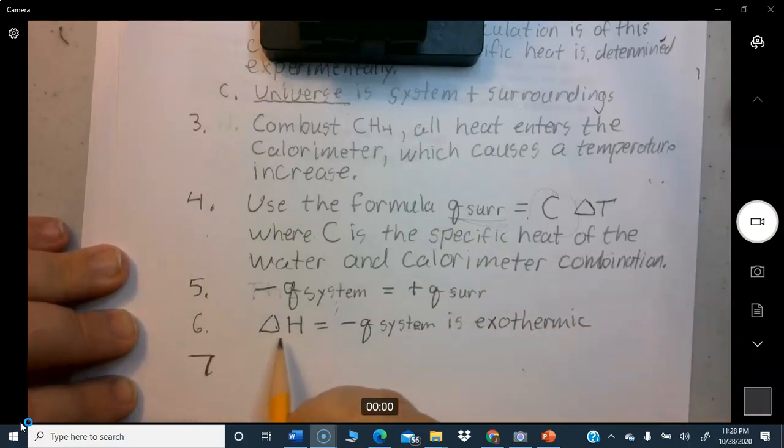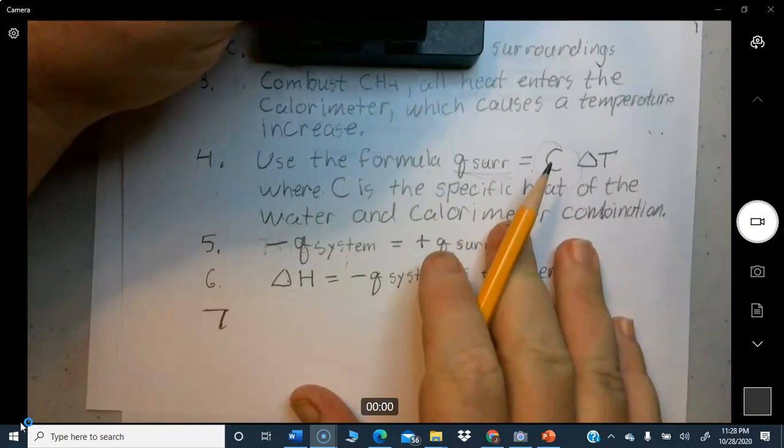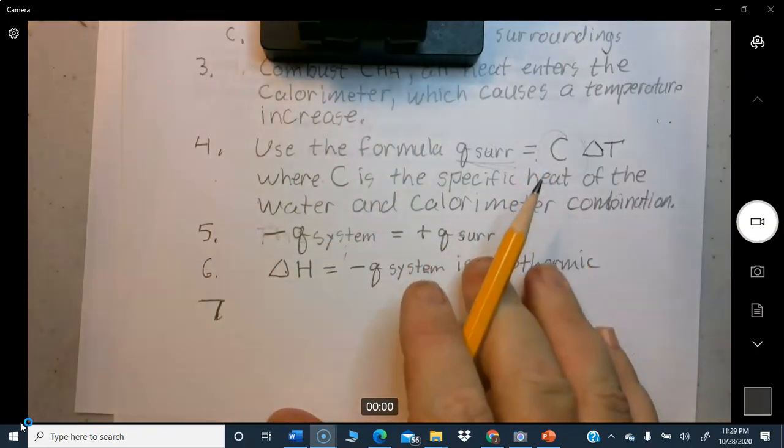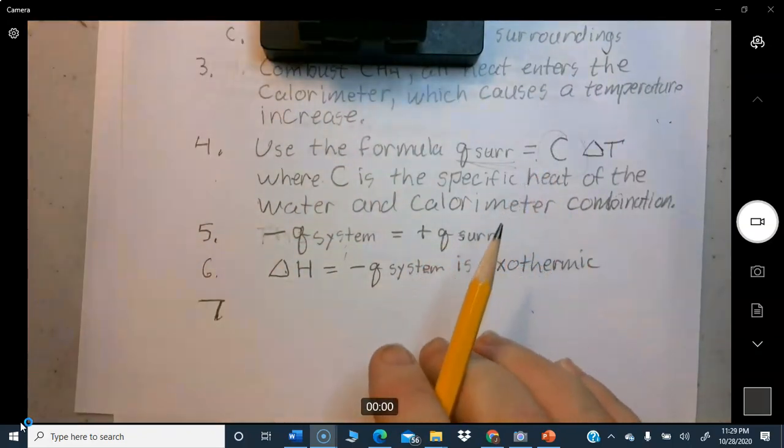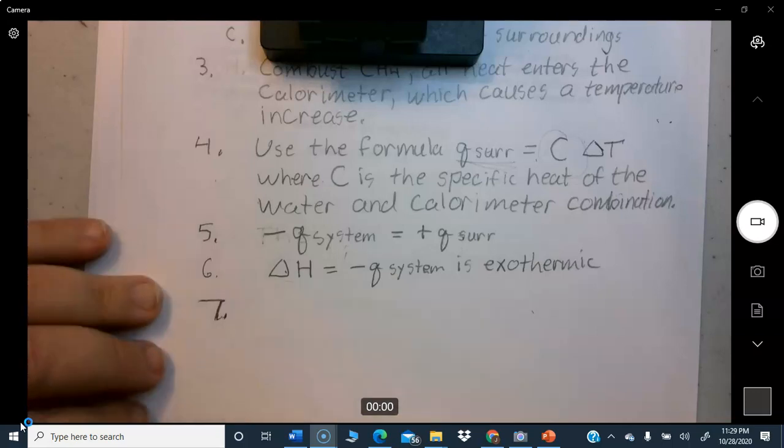Now we can compute the delta H, the enthalpy per gram of our substance, CH4. So we measured how many grams we had before we went in there. If it was a gas, we could have used PV equals nRT, pressure, volume, temperature, to figure out how many moles. That's a possibility, but assuming we knew how many grams, we're going to just assume we did.